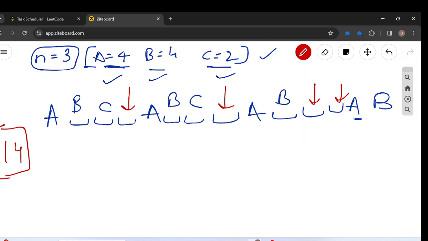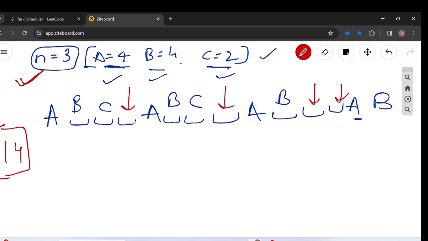If we skip the idle time, the minimum possible time the CPU will take is the total number of tasks: 4 plus 4 plus 2, that is 10 tasks, so the minimum time is 10, but that will not satisfy the constraint.